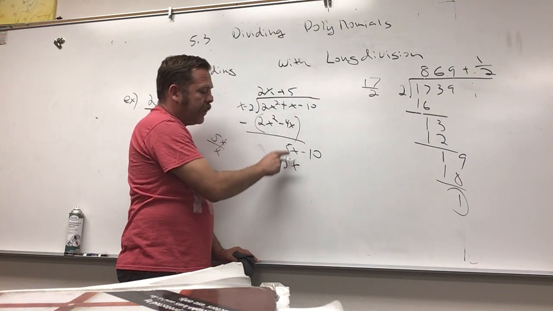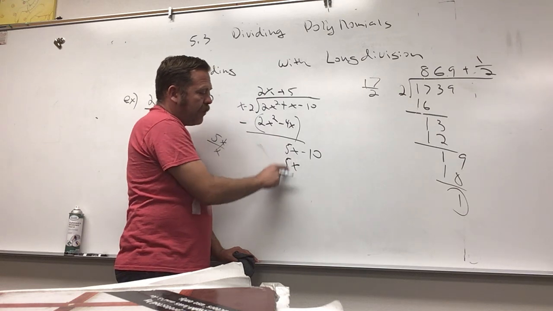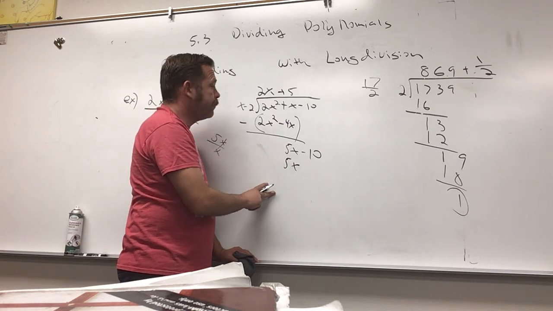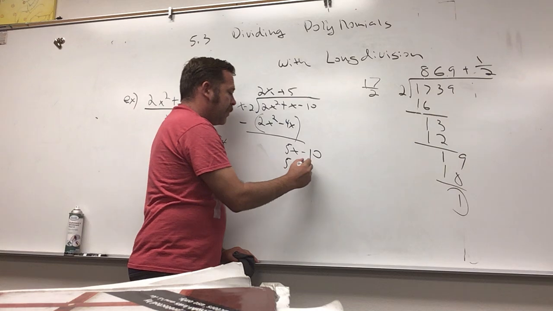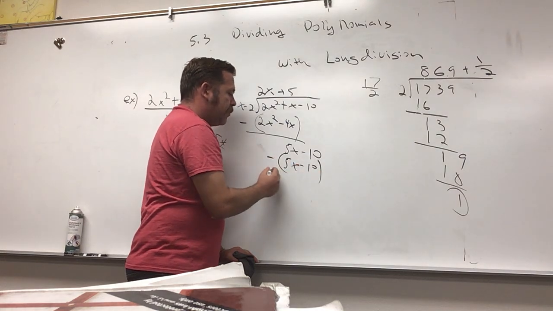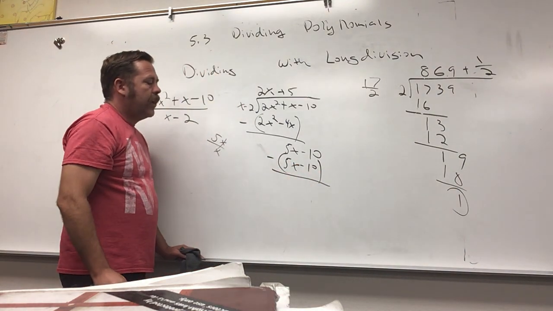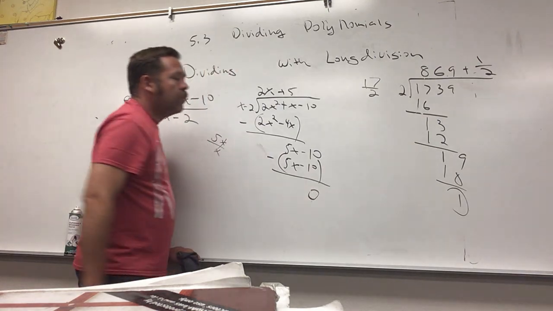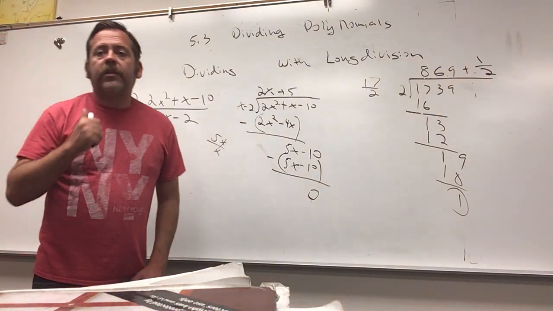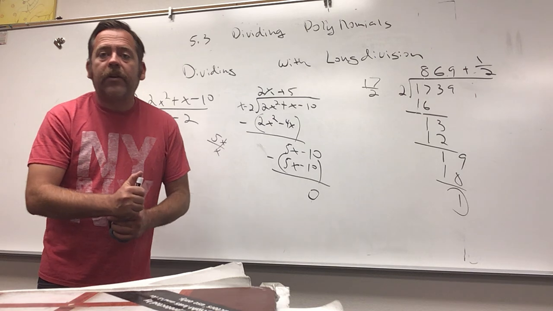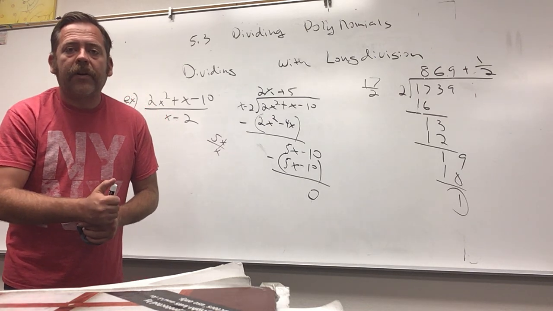If you do it correctly, the first term that you multiply will always be the same as what's right above it. And 5 times negative 2 is minus 10. And we subtract, and we get 0, which means this one does not have a remainder.